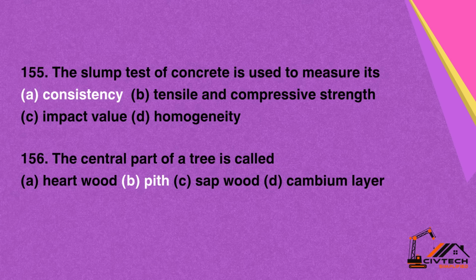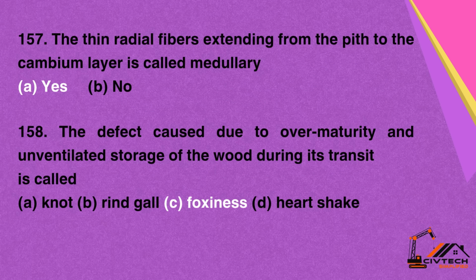The central part of a tree is called A. Heartwood, B. Pith, C. Sapwood, D. Cambium layer. Correct option. B. Pith. 157. The thin radial fibers extending from the pith to the cambium layer are called medullary rays. A. Yes, B. No. Correct option.